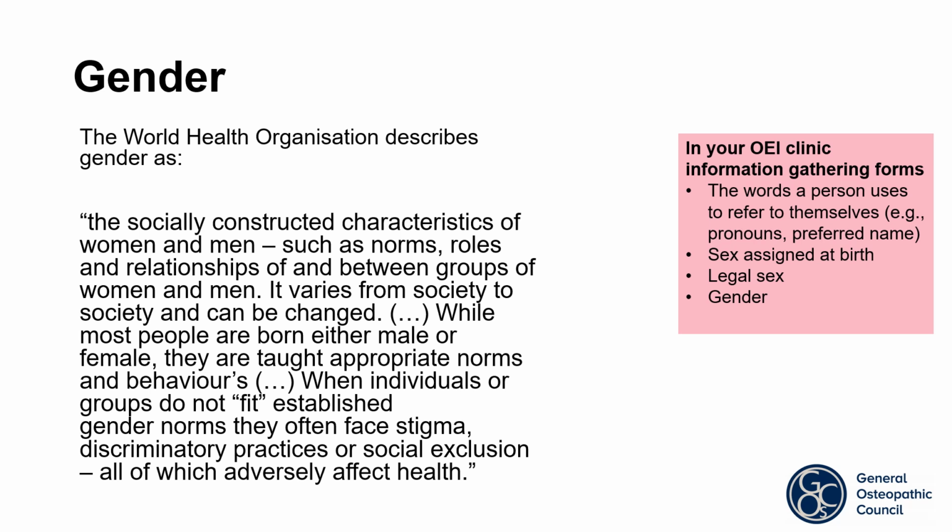So we might be asking questions like sex assigned at birth, their legal sex, and their gender, not making assumptions, and encouraging sensitive and appropriate curiosity around that. Going back to what I said about sometimes we get it wrong, and that's okay, and we're learning and supporting our students and our patients.